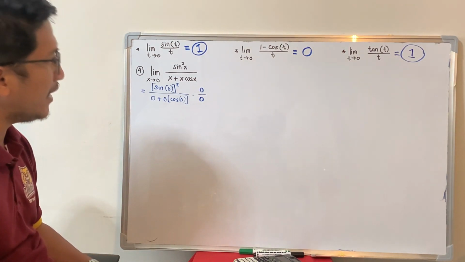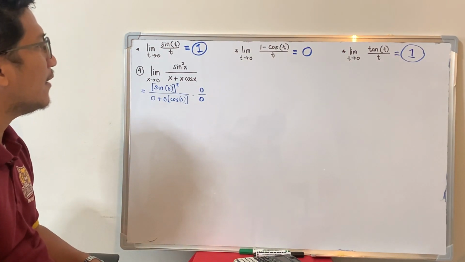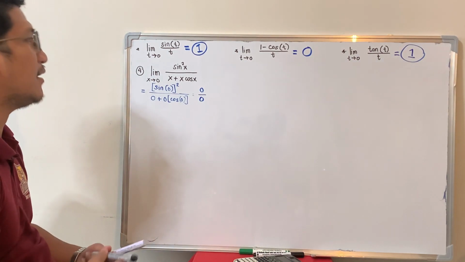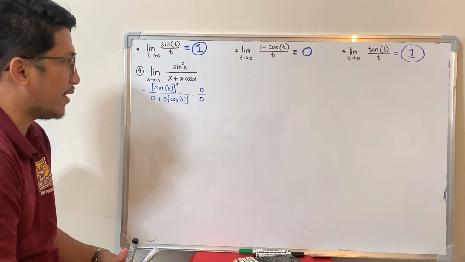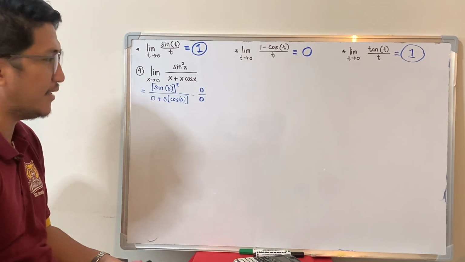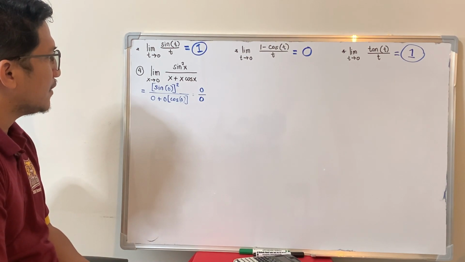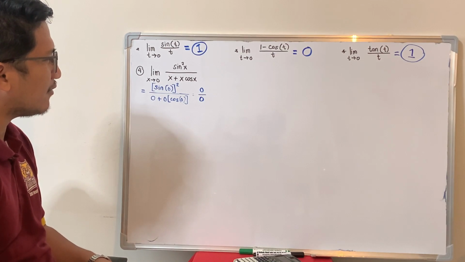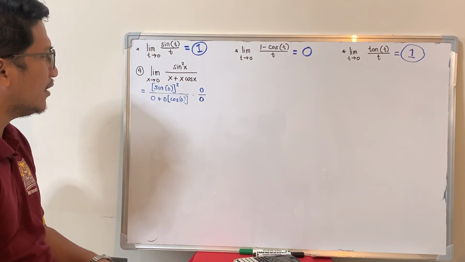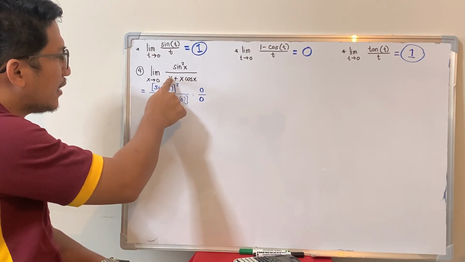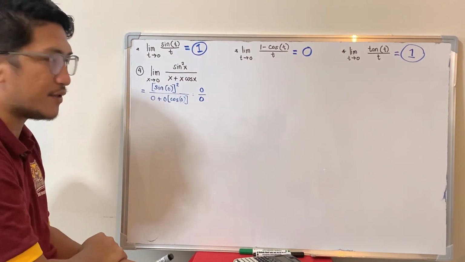So you can apply the table of values again, or maybe you can do some other ways, like applying algebraic methods and also applying trigonometric identities. Actually, you can factor out x here because it is common to both terms.